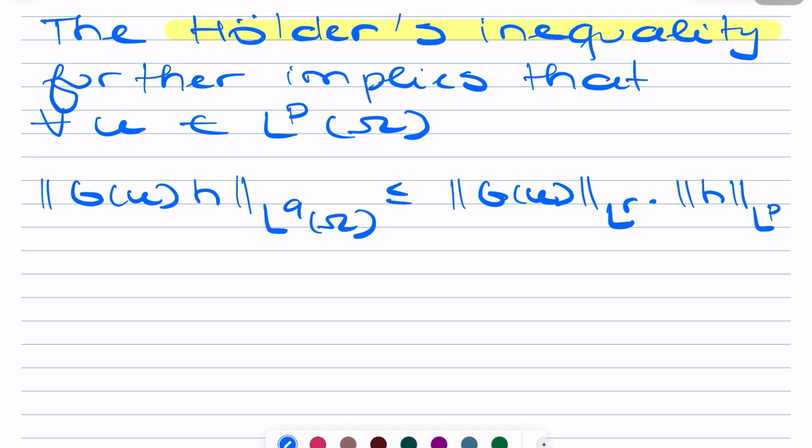Observe that this is an element of Lr, by definition of the superposition operator, and this h is actually in Lp of omega.